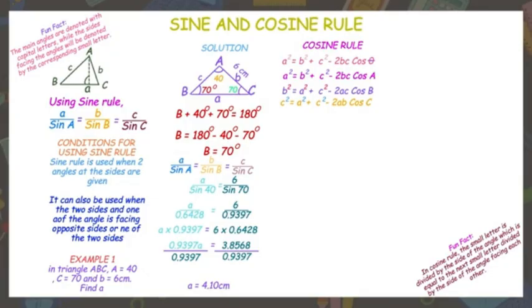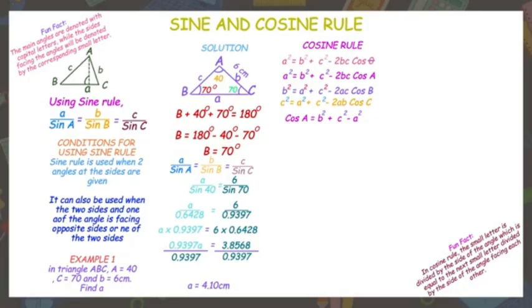Then if we are to find angle, you have to find angle in a question like this. For example, you have to find angle A. That means that cos A is equal to B square plus C square.